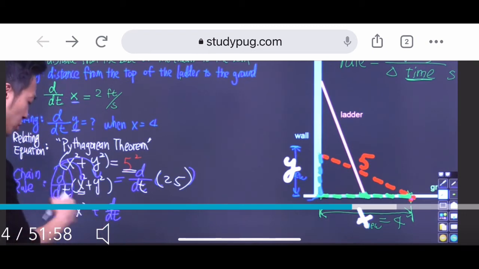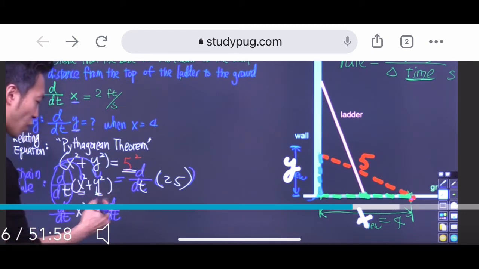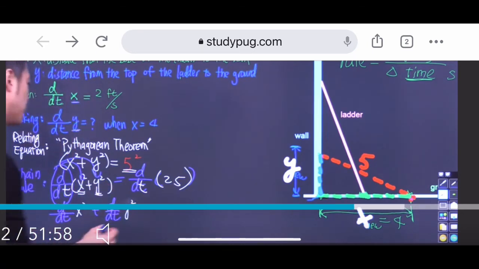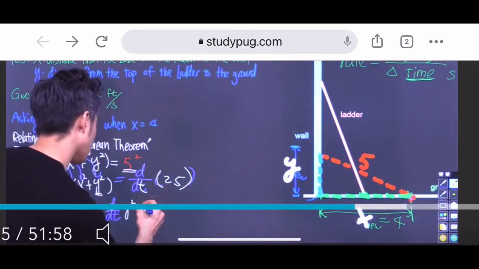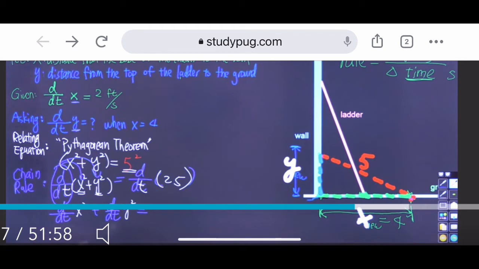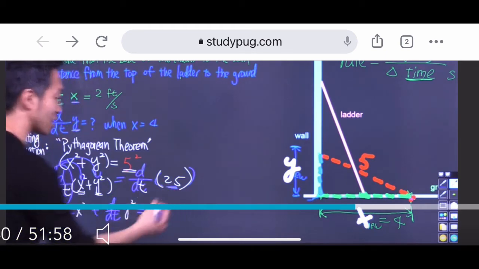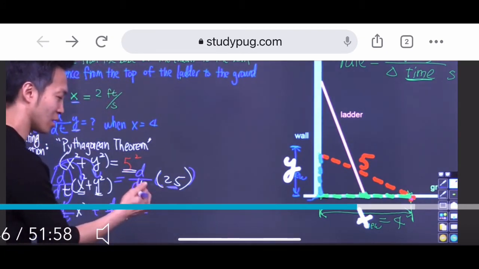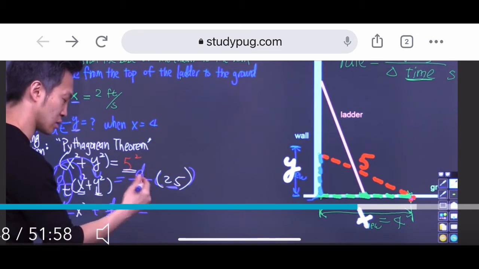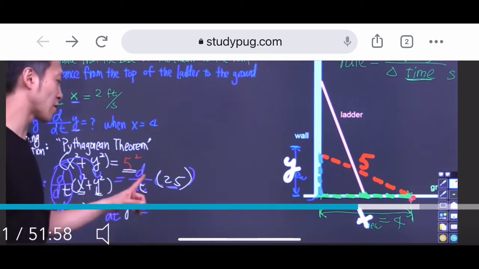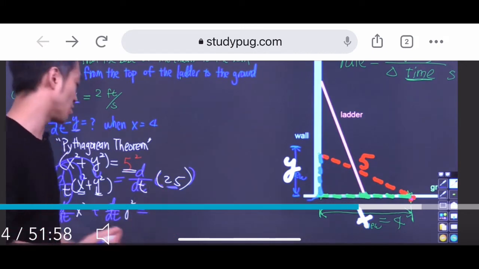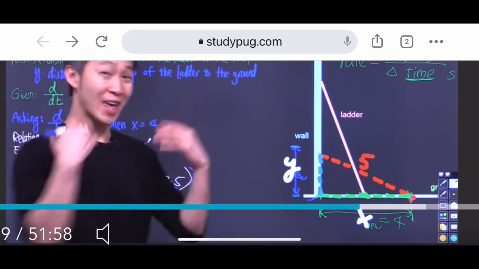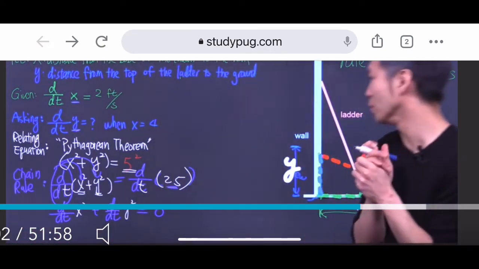Distribute the derivative operator into the second item, we get d/dt of y squared. Okay? Now, on the right side of the equation, guys, the derivative of any constant is 0, regardless of what the derivative is with respect to, right? So taking the derivative of any constant with respect to time is 0. Derivative of any constant is 0. Okay, cool.